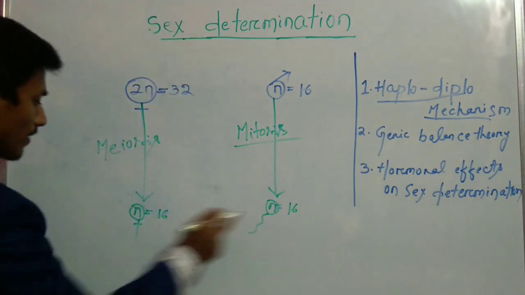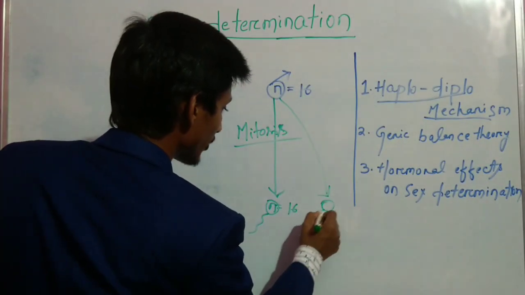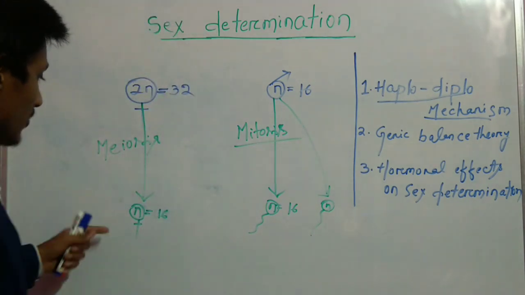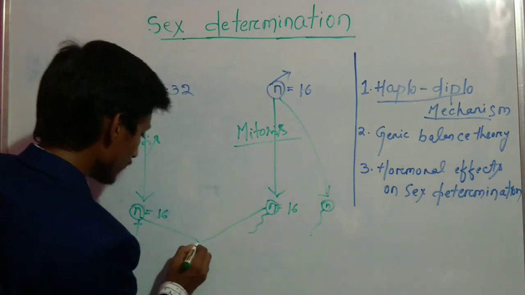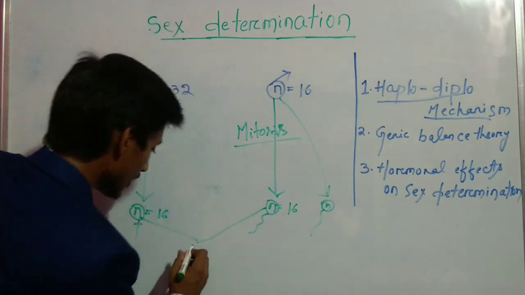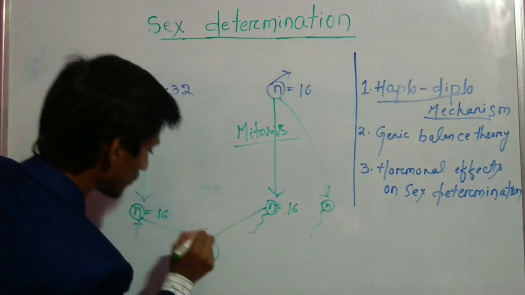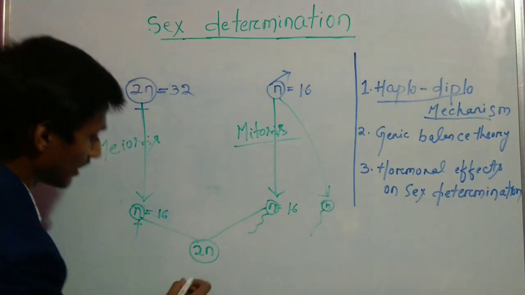So this is a sperm and this is an ovum. For example, we are drawing another sperm. So what happens during fertilization? If this ovum gets fertilized by a sperm, then the honeybee is having 2n number of chromosomes. So it will become a female.